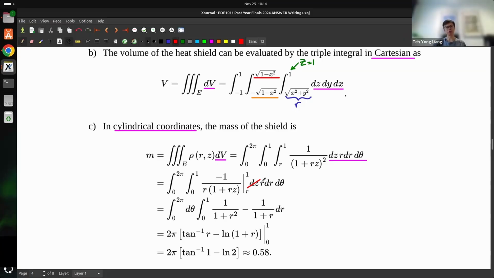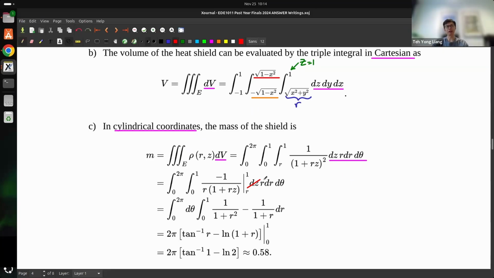You can use substitution or just use the reverse chain rule directly. After you have integrated with respect to z, you get minus 1 over r times 1 plus rz, with limits r to 1 here.